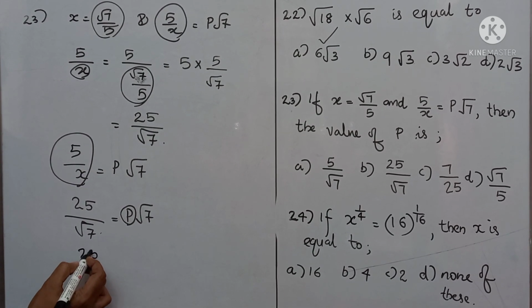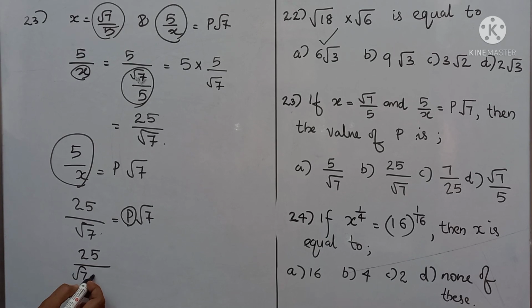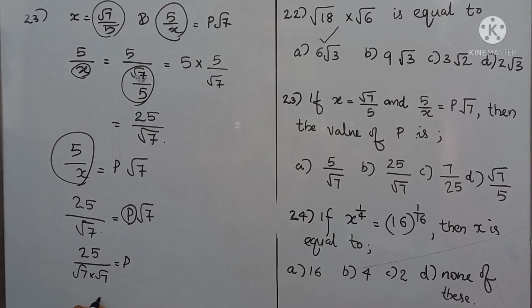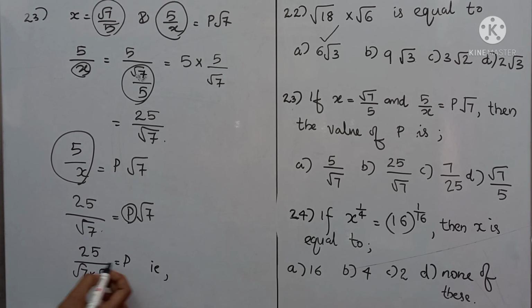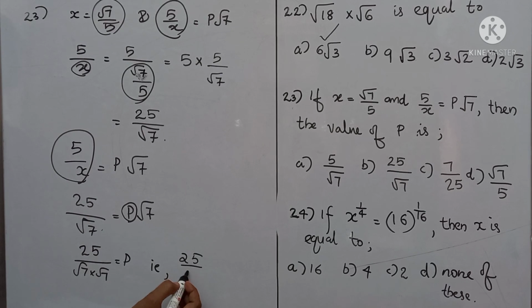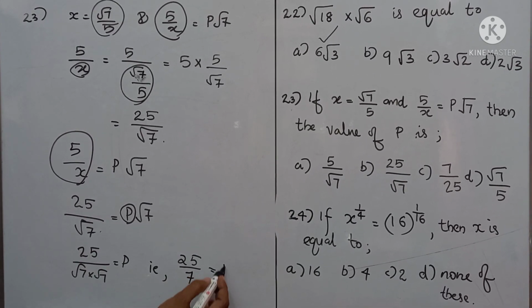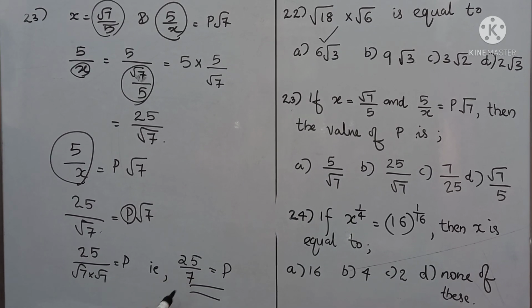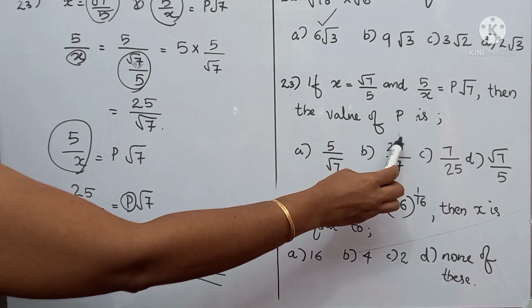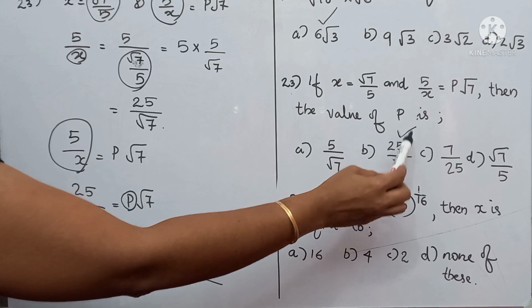That is 25 divided by root 7 into root 7 is equal to p. 25 divided by root 7 into root 7, which is 7, is equal to p. So the value of p is 25 by 7. Option B is the right answer, 25 by 7.